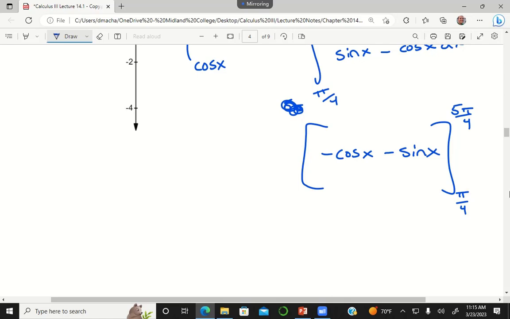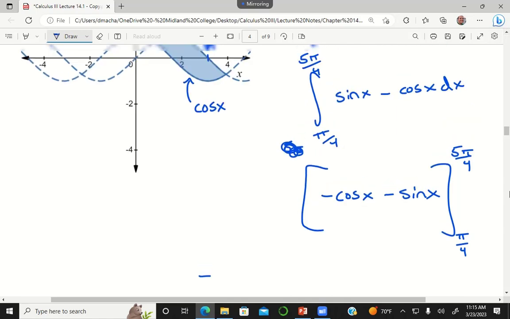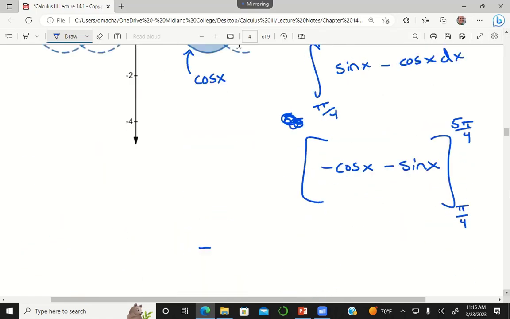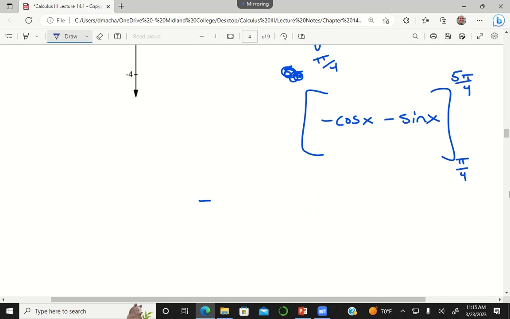So let's see. Negative cosine of 5 pi over 4. Well, cosine of 5 pi over 4 would be, let's see, it should be negative root 3 over 2, is that what you said?